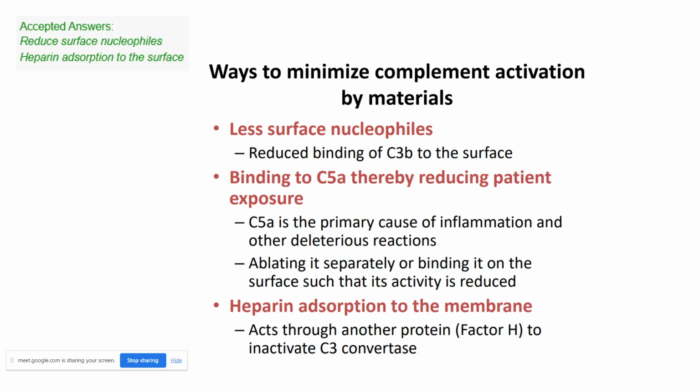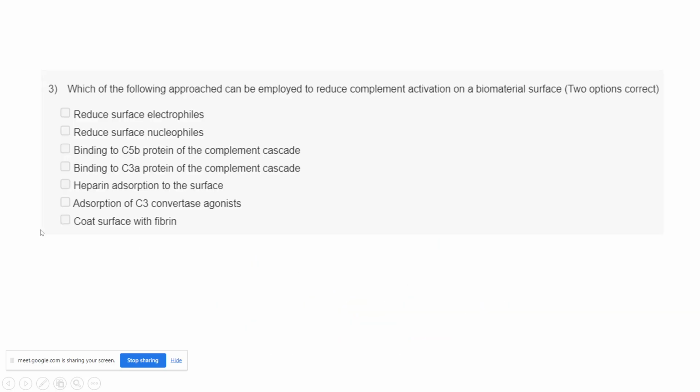So the three ways that can be used to minimize complement activation are less surface nucleophiles, binding of C5a, thereby reducing patient exposure, and heparin adsorption to the membrane. So here C5b was given. If it was C5a, this would have been a correct option as well.